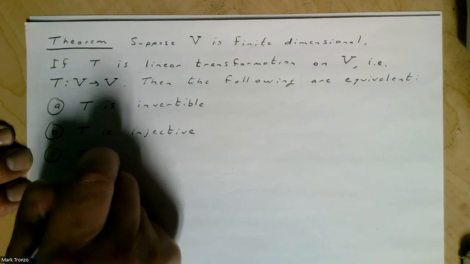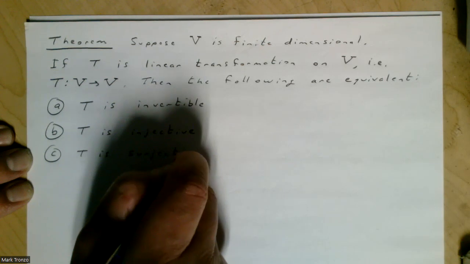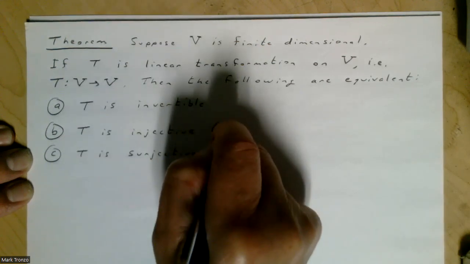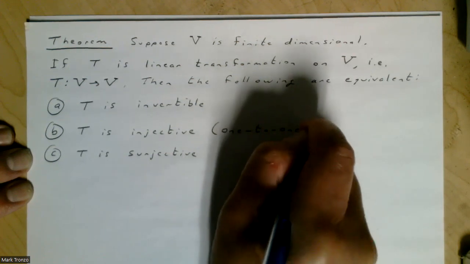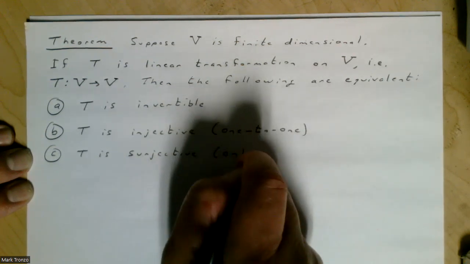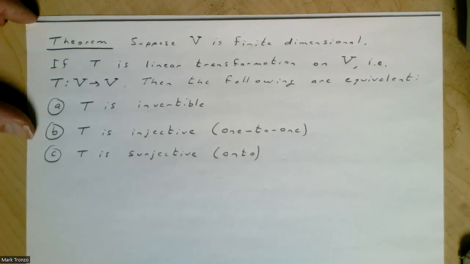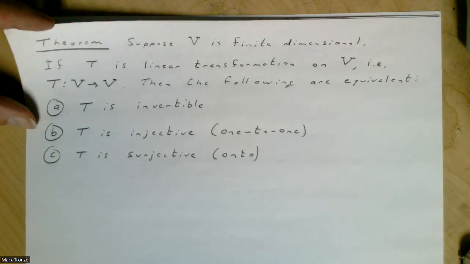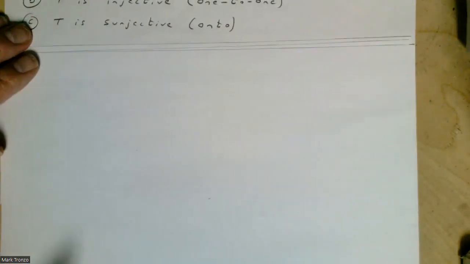C, T is surjective. Again, remember, injective means one-to-one. Surjective means onto. So we're going to see if we can prove this.